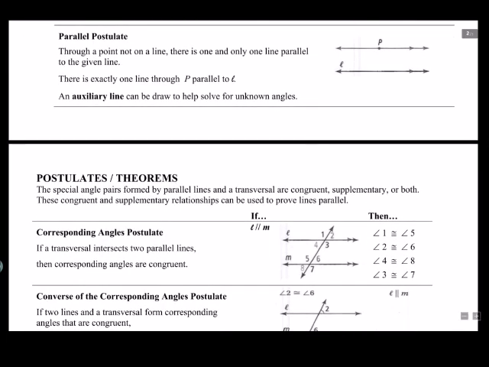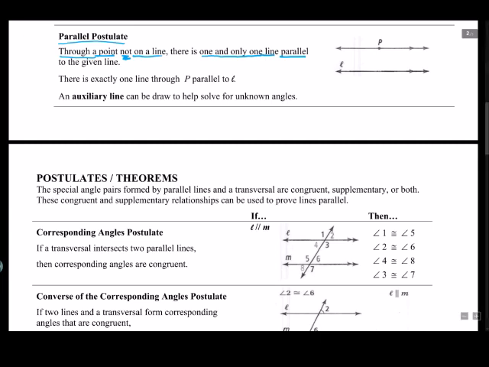A useful postulate that we have is the parallel postulate, and it simply says that through a point not on a line, there is one and only one line that is parallel to our given line.